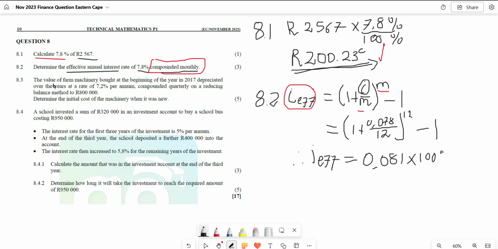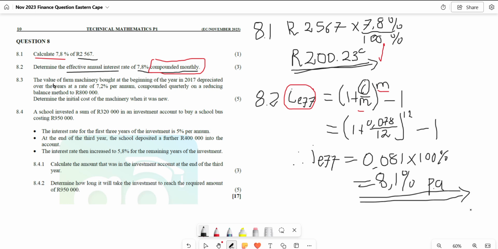Multiplying by 100% gives us I effective in percentage, which is 8.1% per annum. That is the I effective in percentage form.